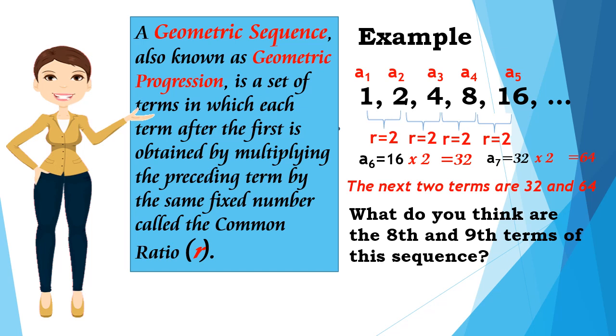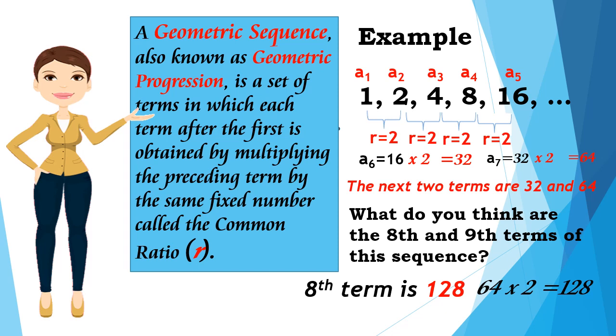You are right if your answer is 128. That 128 is obtained from the preceding term 64, that's right, and the common ratio is 2. So 64 times 2, the answer is 128.